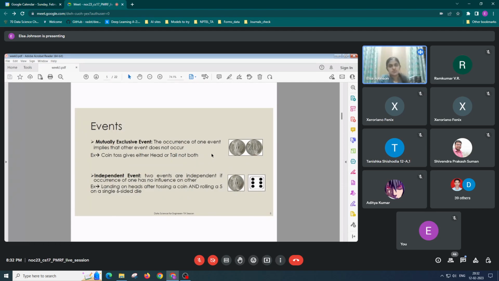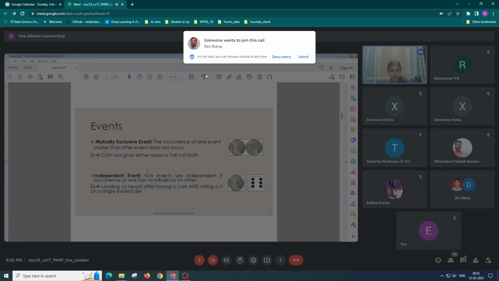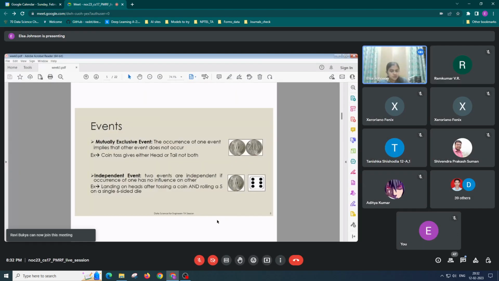Then events like mutually exclusive events: occurrence of one event implies that the other event does not occur. So these are two mutually exclusive events. You can see coin toss, it's either a head or a tail, not both will be coming.